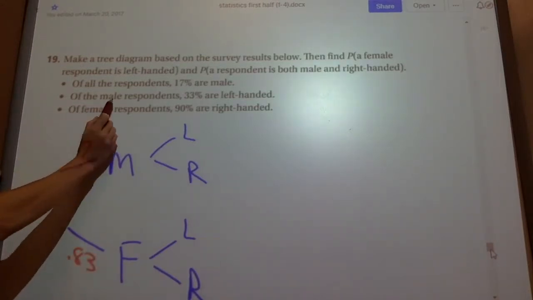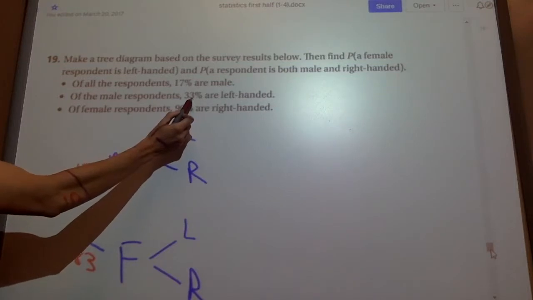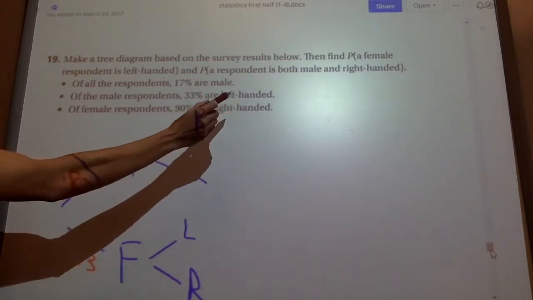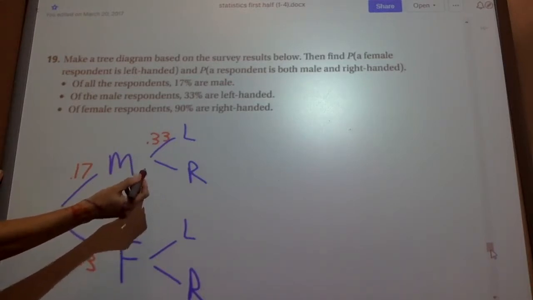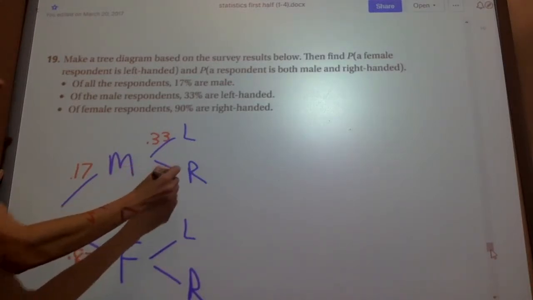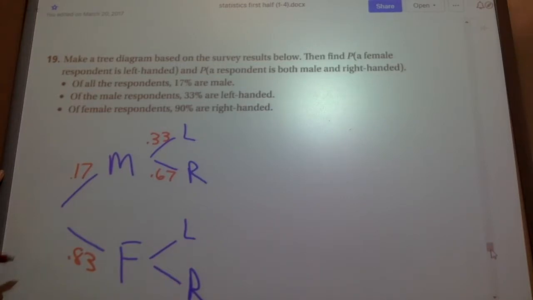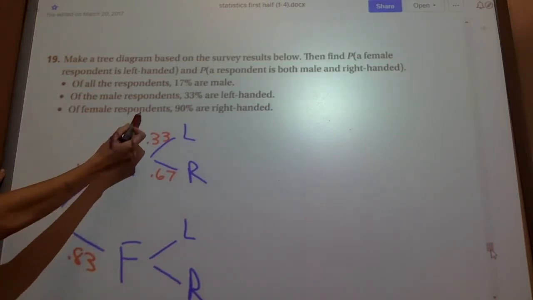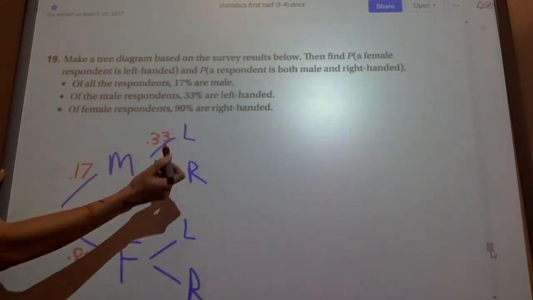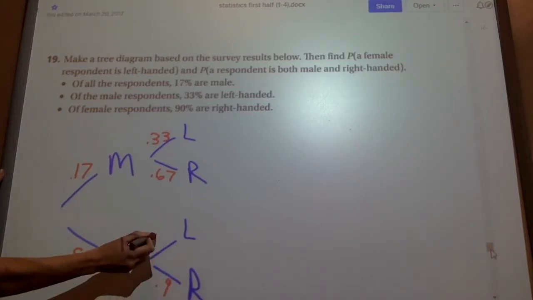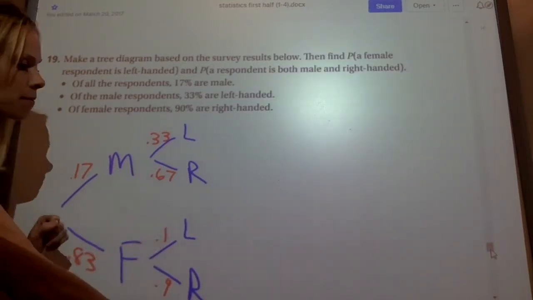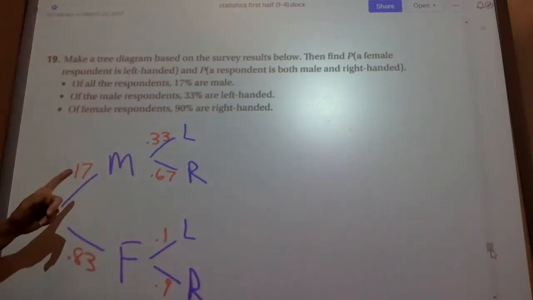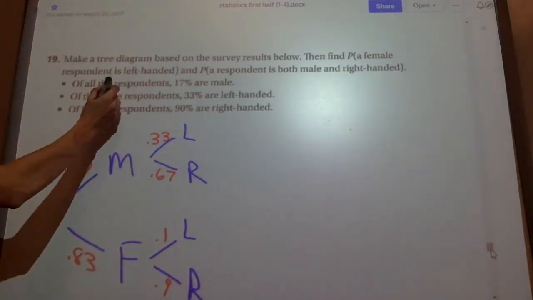Of the male respondents, 33% are left-handed. So what percent is right? 67. Very good. Of the female respondents, 90% are right-handed. So what percent is left? 10. Very good.